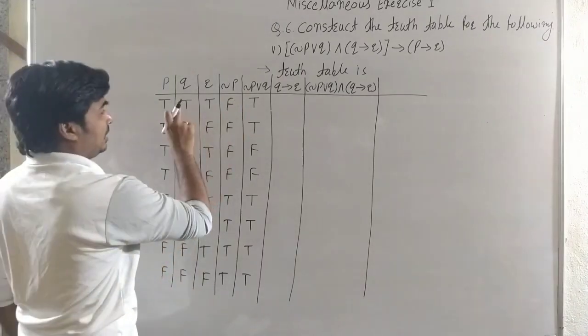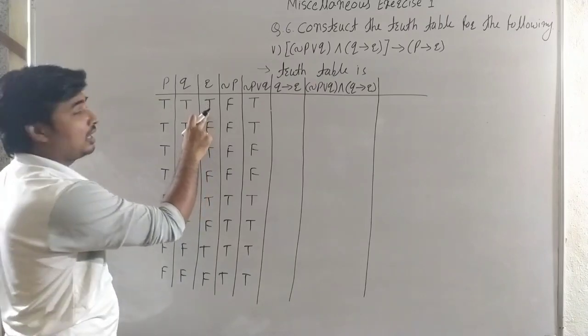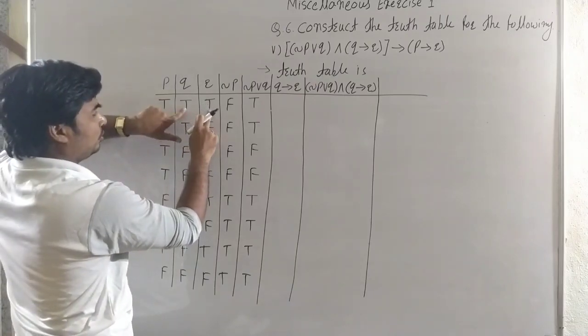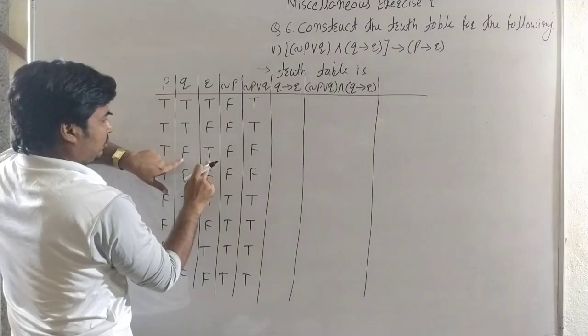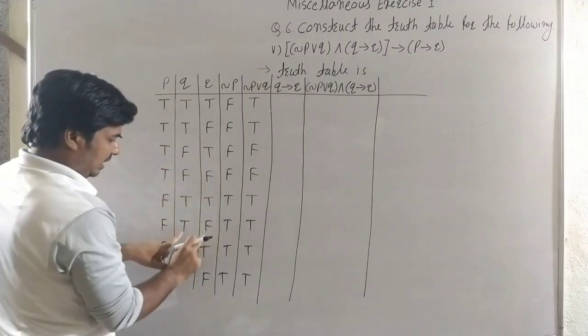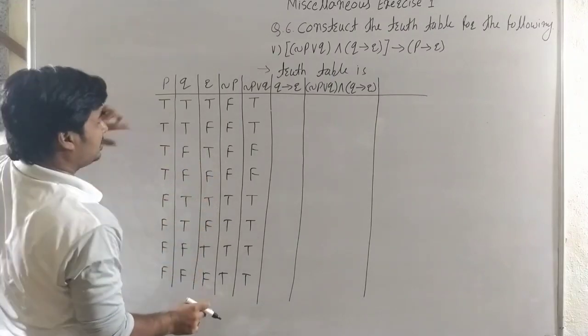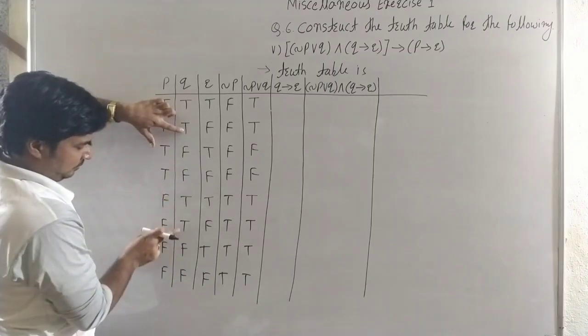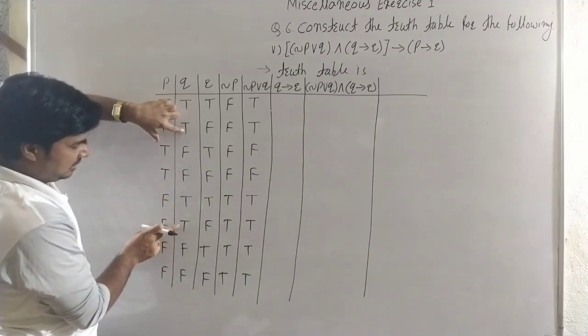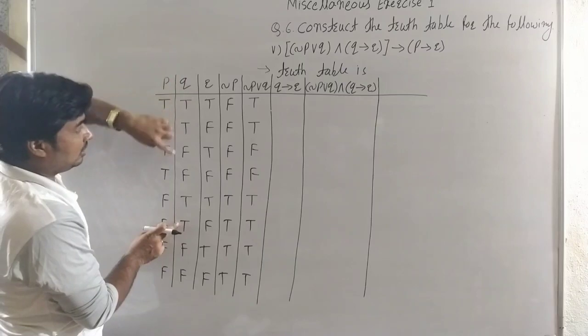First statement is Q and second statement is R. True implies true, true, false, true, true, true, false, true, true. That means the second and the sixth are false and the others are true.